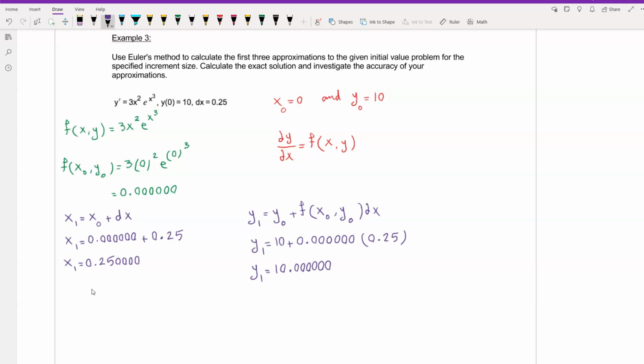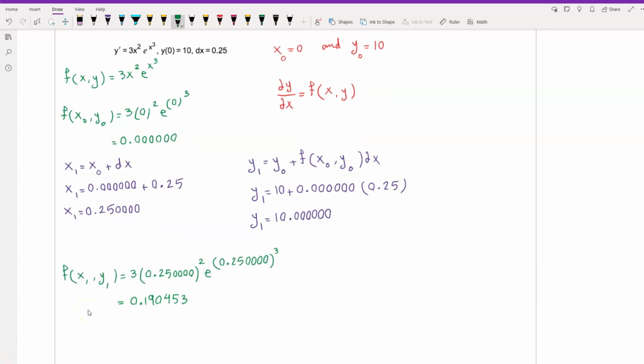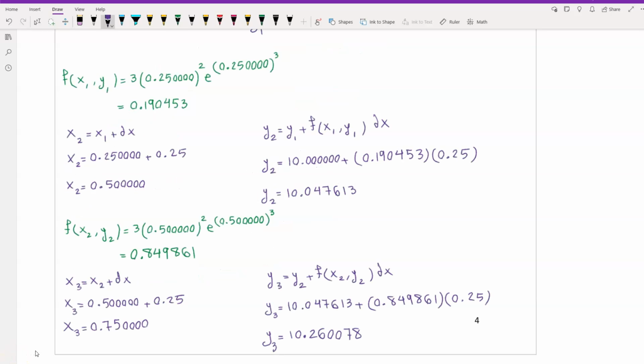So what we have here for y sub 1 is equal to 10.000000. So here again I have 6 decimal places. Now using what we have for x1 and y1, find f of x1 comma y1, that is equal to 3 times x1 squared times e to the x1 cubed, and this is equal to 0.190453.